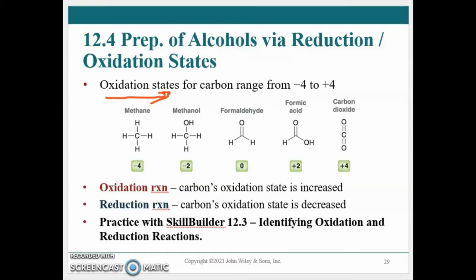So from methane to an alcohol, to a carbonyl compound, to a carboxylic acid, all the way to carbon dioxide, this is moving in the direction of oxidation.